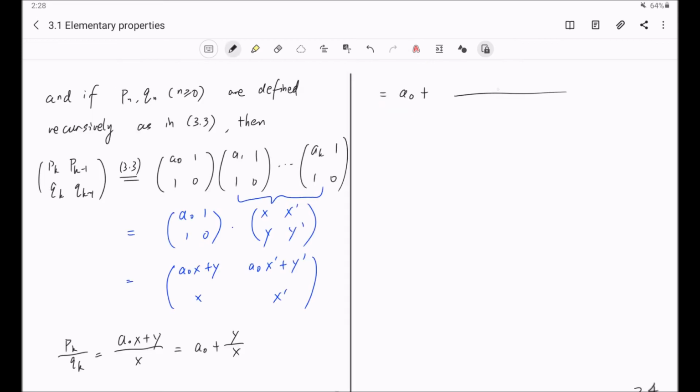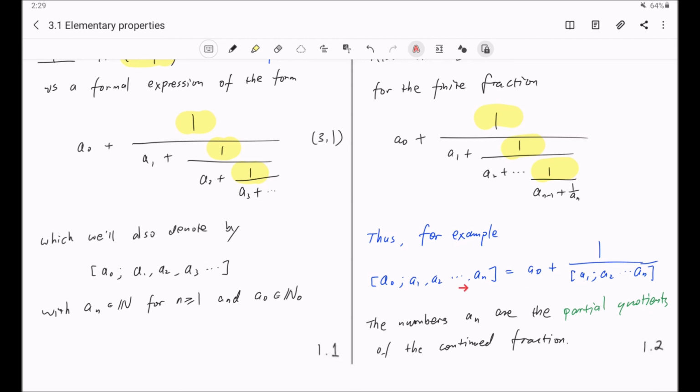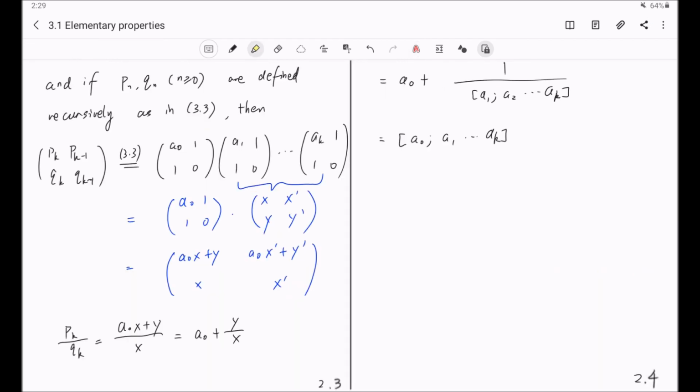So what we get from here is 1 over the continued fraction starting with a1 through ak. And this gives us the continued fraction starting with a naught. Remember, this is our recursive relation for continued fractions, which I talked about right here. And this finishes the proof, because this is what we want for the induction. Starting with k minus 1, we get the result for k. This is what we want.